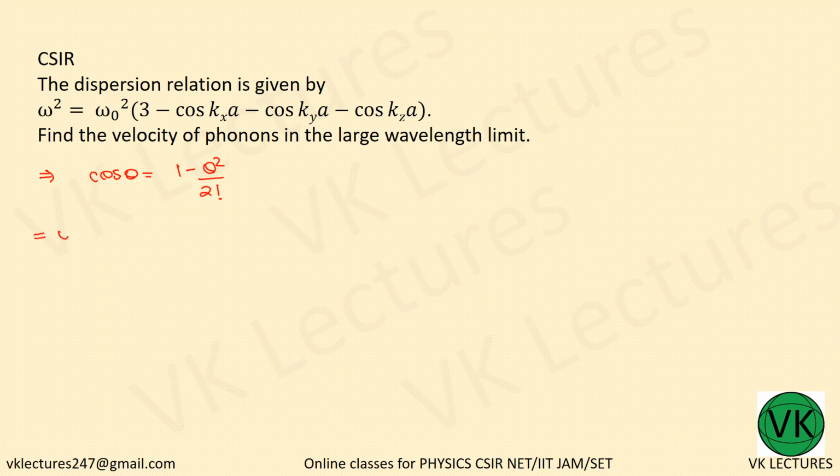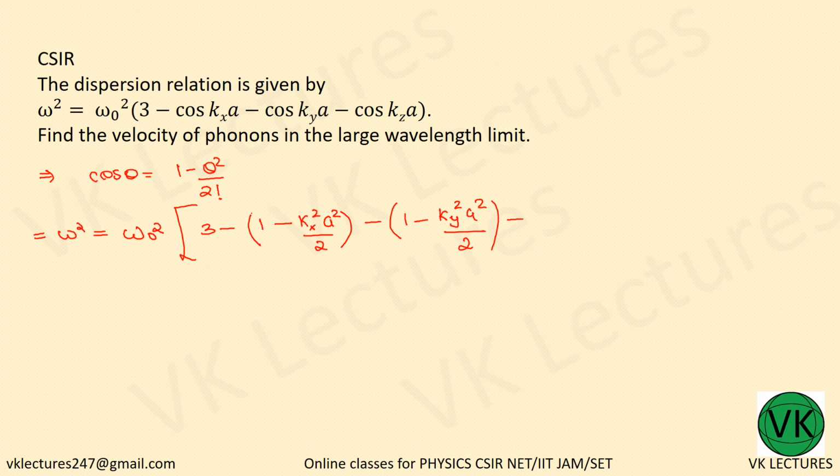Now here omega square is equal to omega naught squared into 3 minus, so cos Ka is nothing but 1 minus kx square a square divided by 2, minus 1 minus ky squared a squared divided by 2, minus 1 minus kz square a square divided by 2.